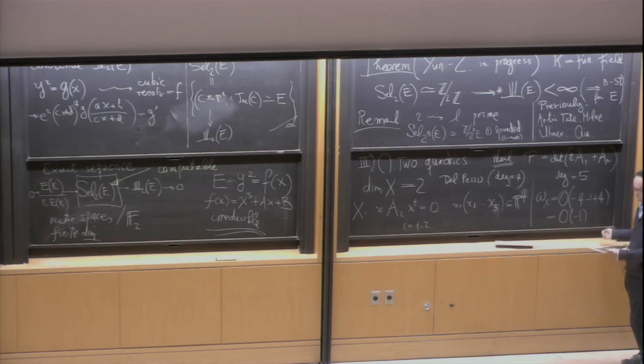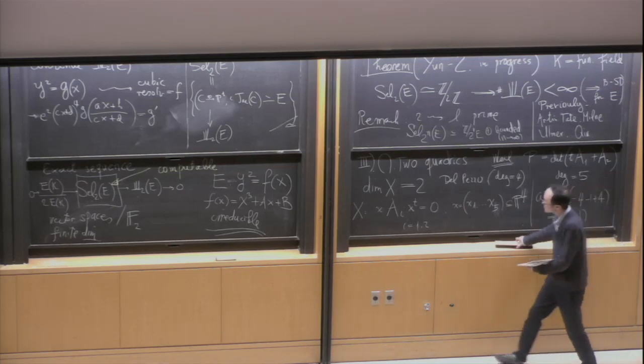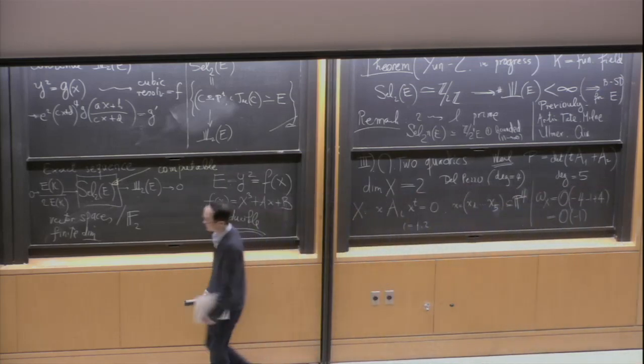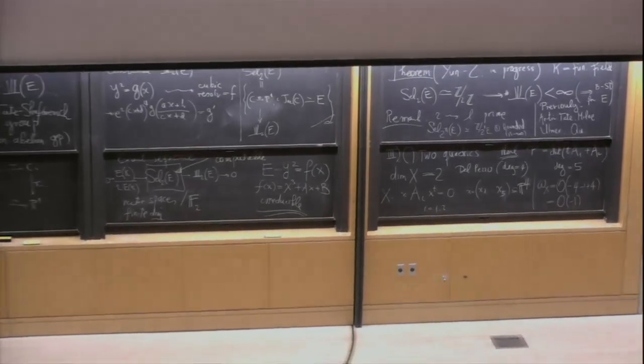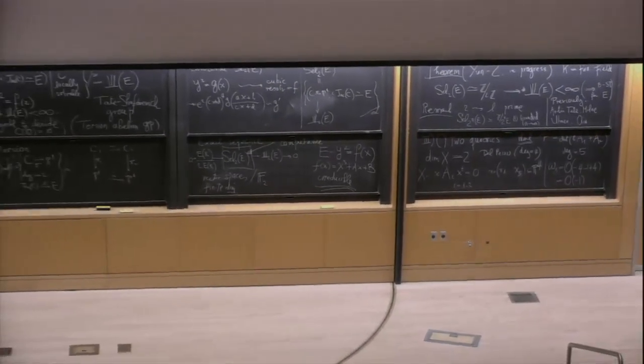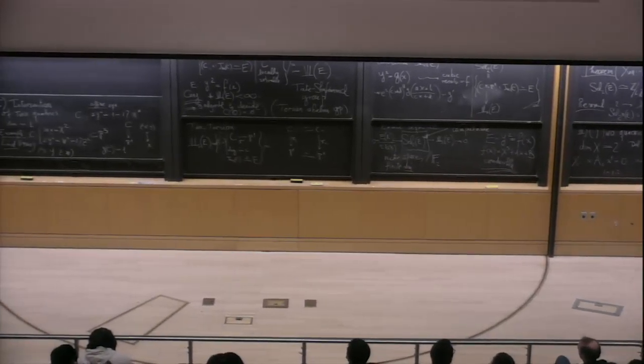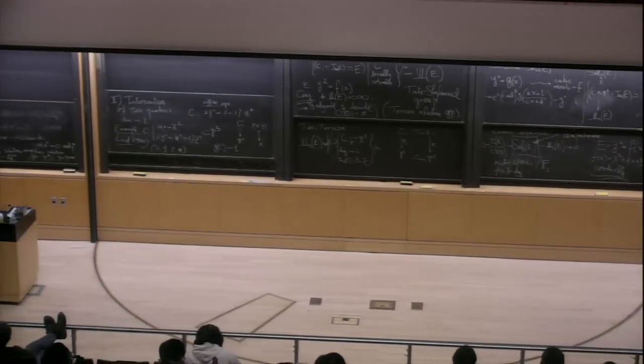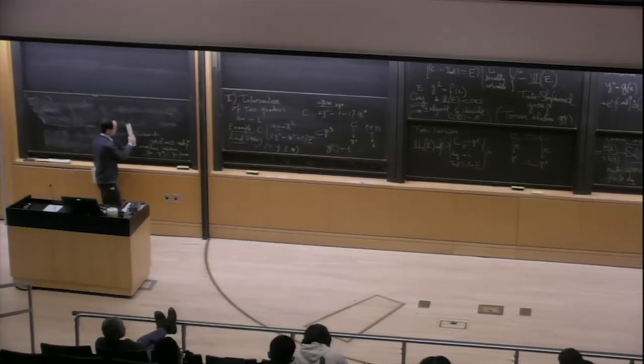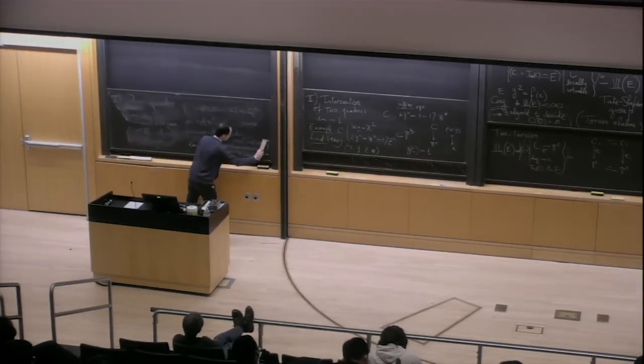Right, so in this case, let me state a result regarding the Hasse principle. It's known in general that the Hasse principle also fails for del Pezzo surfaces in degree 4.